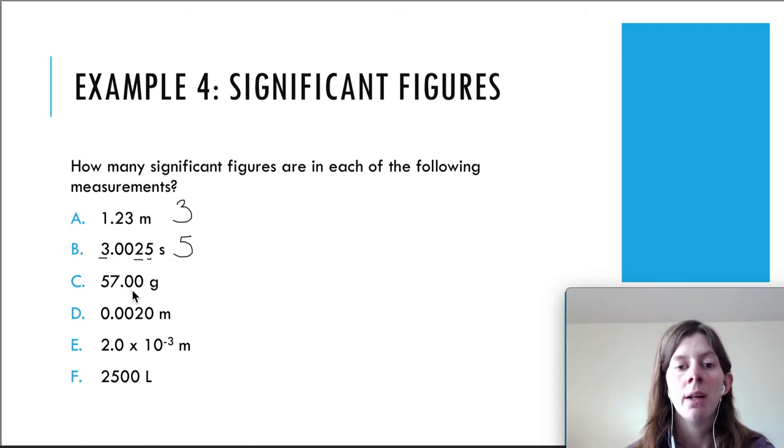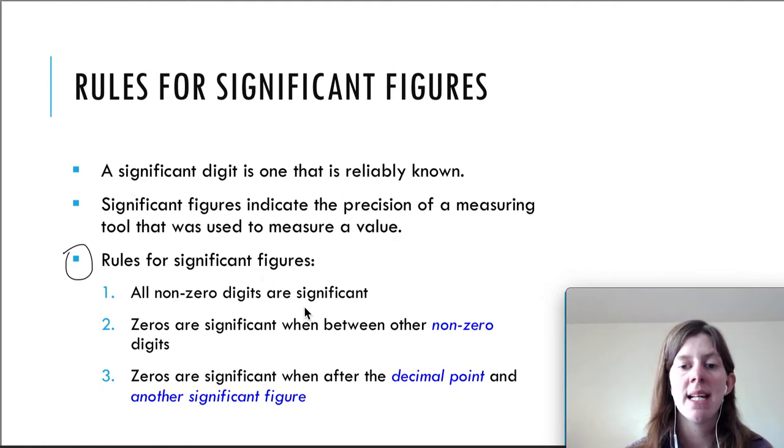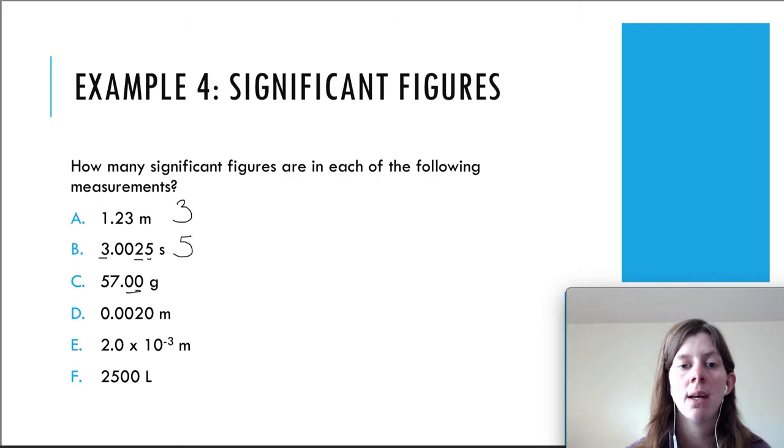And then example C, these zeros are also significant. They satisfy rule number 3 that says that they're after the decimal point and they're also after another sig fig. So these two zeros are after a decimal and they're also after a sig fig. So you have 4 sig figs here.